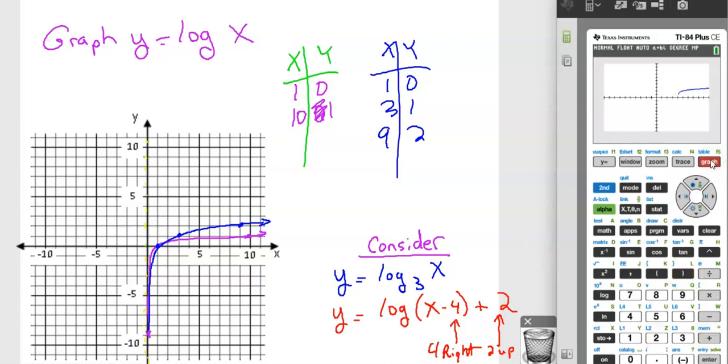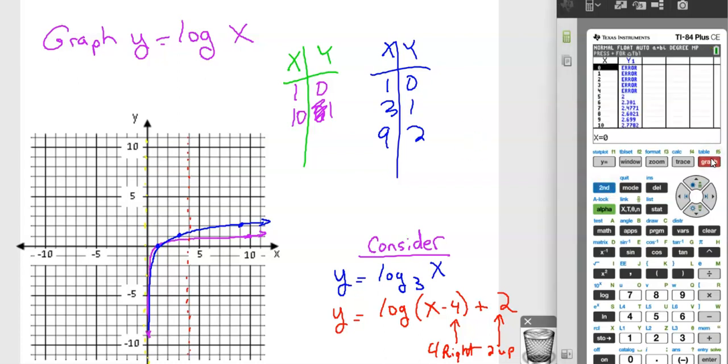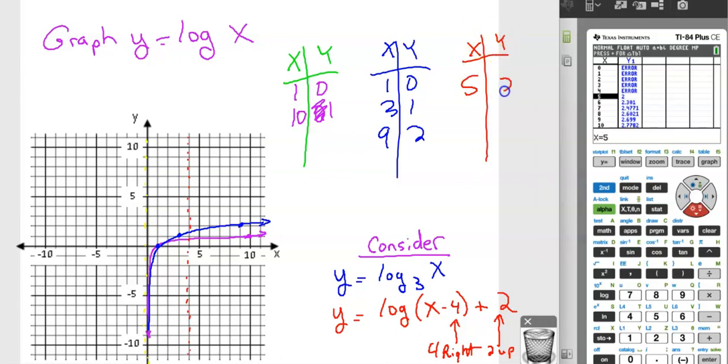Notice what's happening here on this red one. You have to know that the asymptote is being shifted 4 spaces. So it may look like it ends there, but it doesn't. You have to trust what you know about logarithms. At 4, there's an error, and automatically I know at 5 it's at 2.